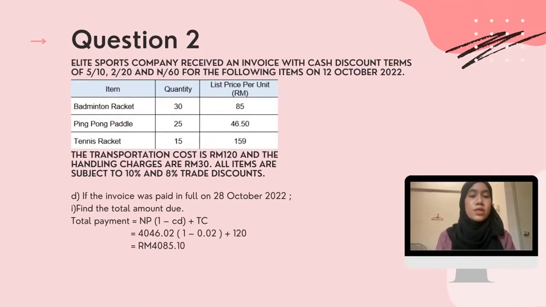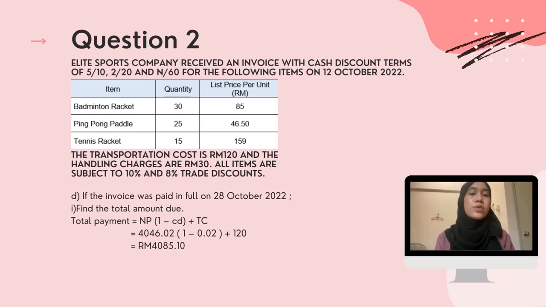Next, I will solve question D1, which asks for the total amount due on 28 October 2022. Sport will receive 2% because they paid on 28 October 2022.